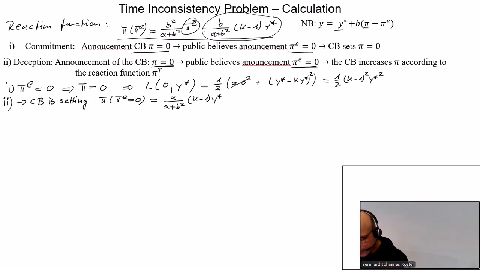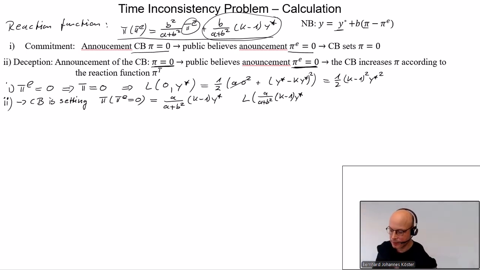What does this mean for overall losses? Well, we have to insert our inflation rate, A over A plus B squared times K minus 1 Y star.